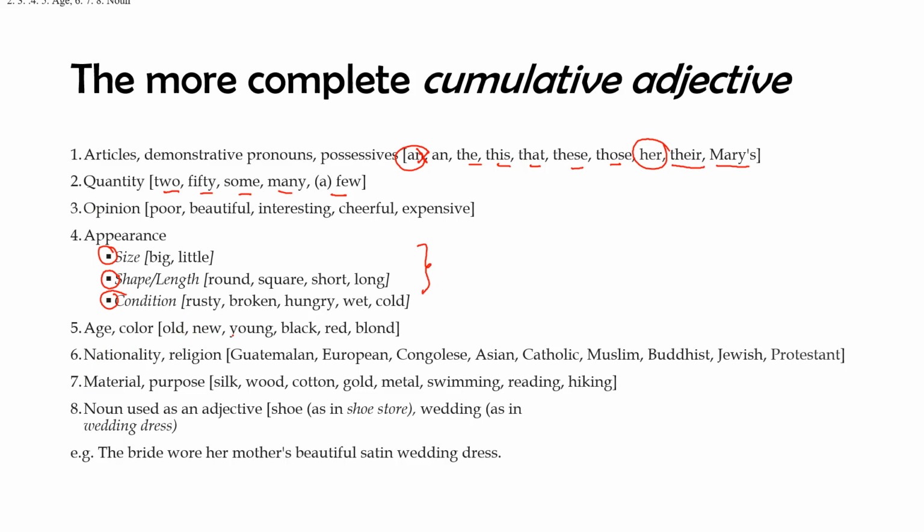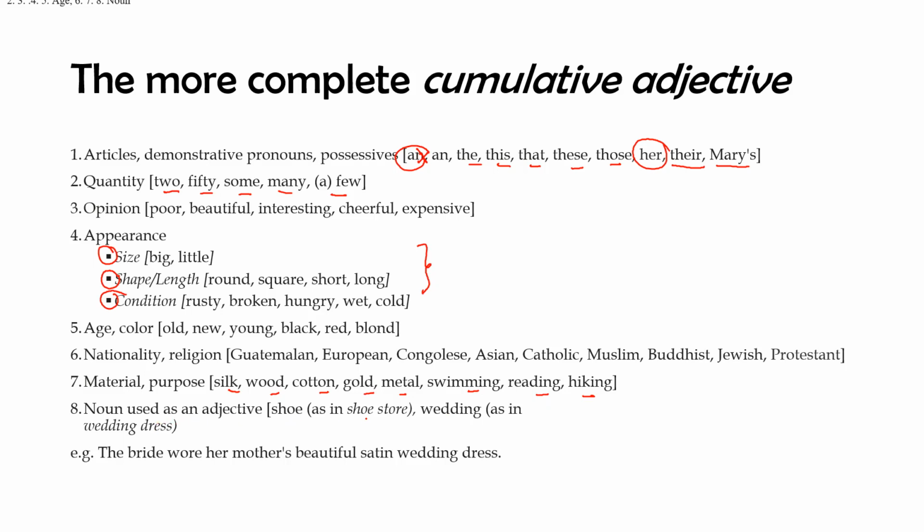Age like old, new, color like black, red, and blonde. Nationality and religion like Guatemalan, European, Congolese, Asian, Catholic, Muslim, British, Jewish, Protestant. Material and purpose: material like silk, wood, cotton, gold, metal. Purpose like swimming, reading, and hiking.